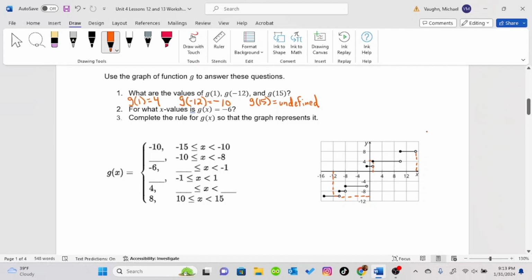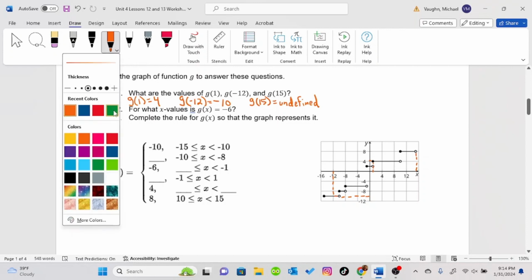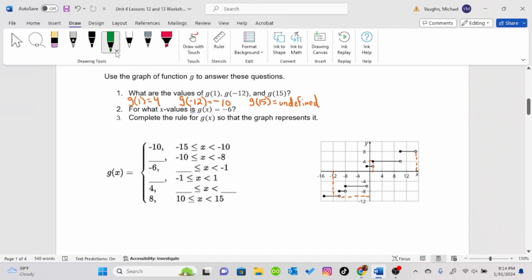Number 2. For what x values is g of x equal to negative 6? So now we don't know the x, they're telling us the y. So we need to find out what x equals when y is negative 6.